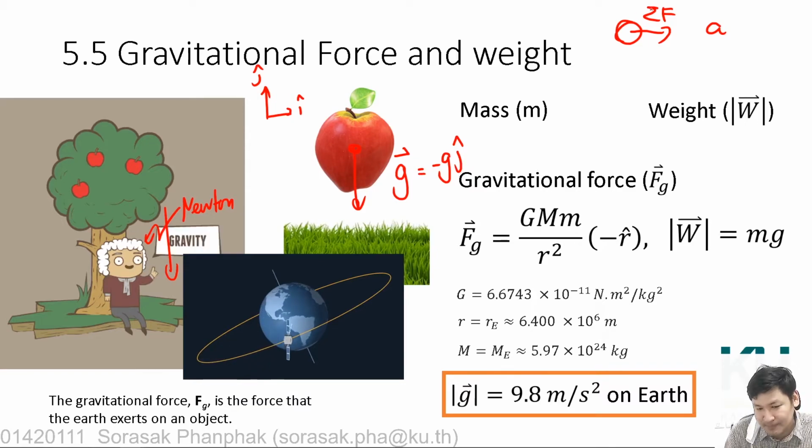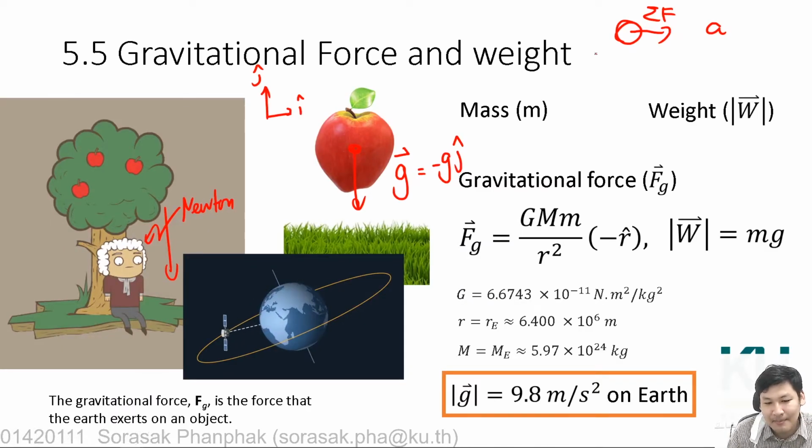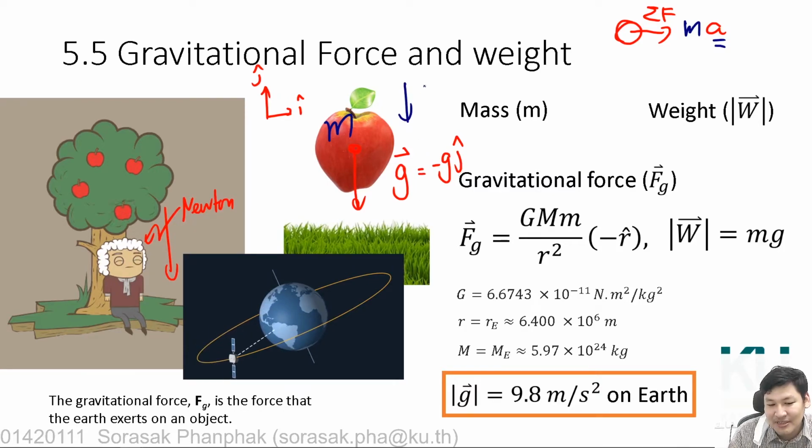as I said, when a force acts on the object, which has the mass m, it comes with acceleration. And if this object has the mass m and is pulled down with the acceleration, there is going to be some resultant force acting on it. That force we call the gravitational force.